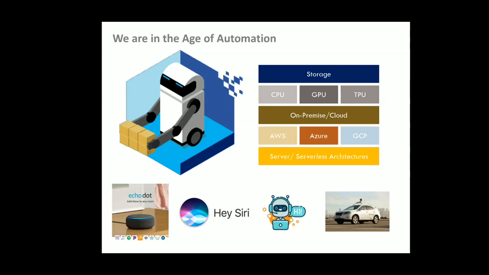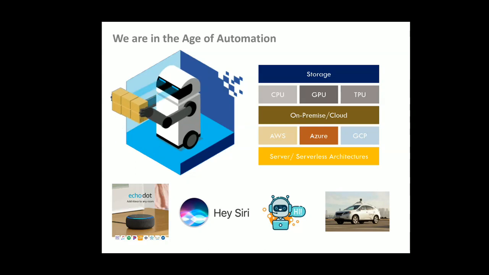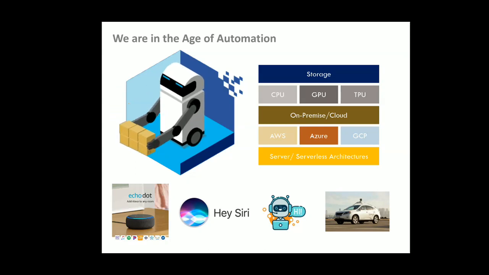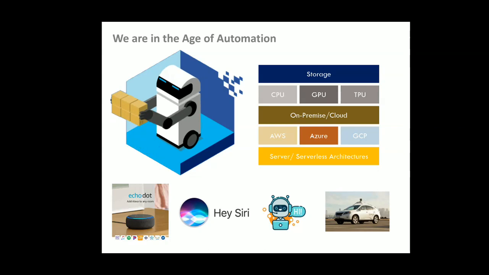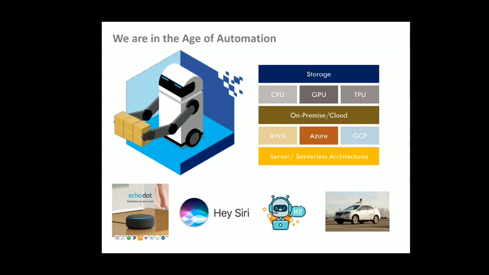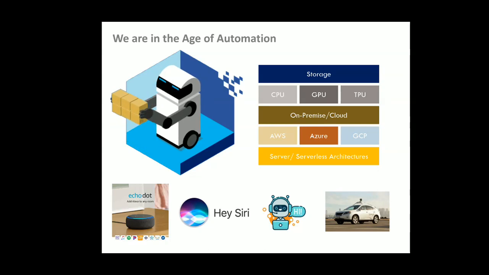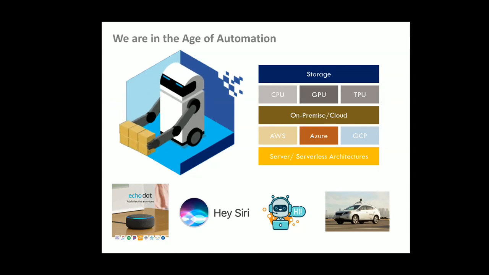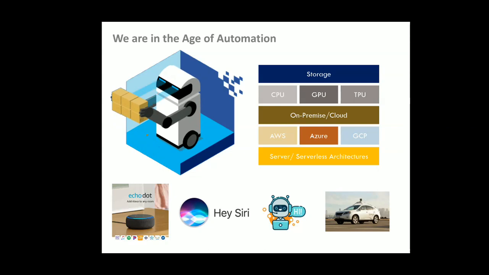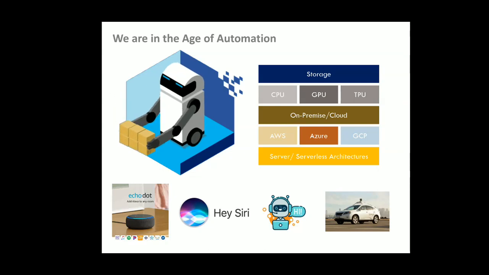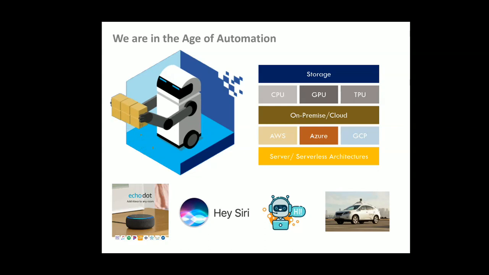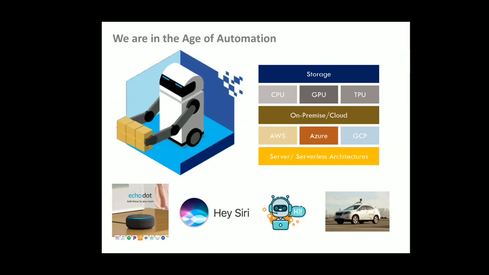Now, following up on the discussion that we had in the previous slide, one important thing that you should also try to be aware of is that we have entered the age of automation, right? It's quite evident that a lot of jobs which used to be done manually previously have been replaced by machines.